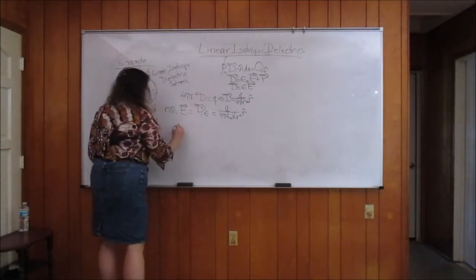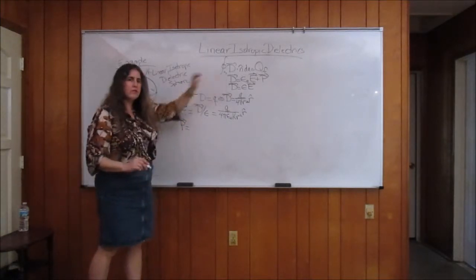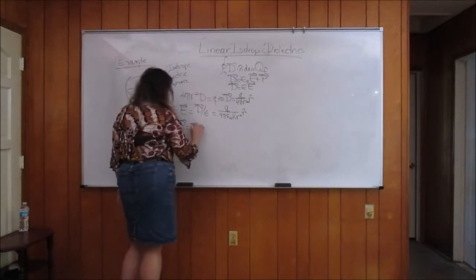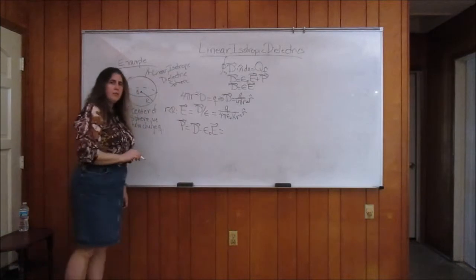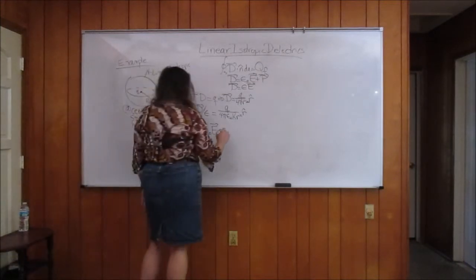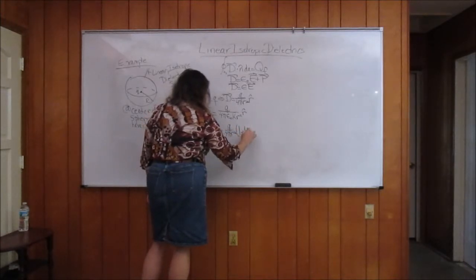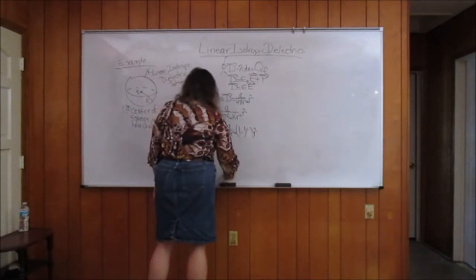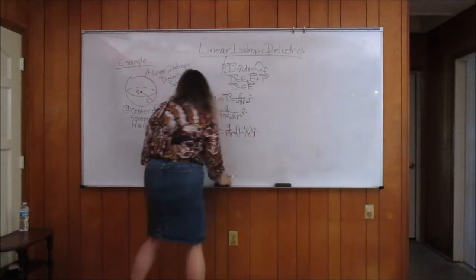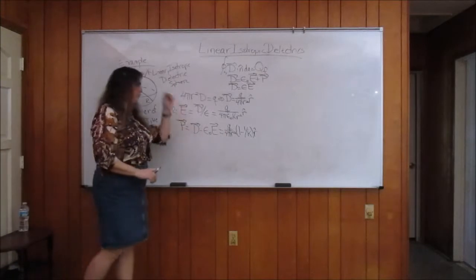So let's look at the polarization. Polarization I can just figure out using this expression here: P is equal to D minus epsilon naught times E. Again, in the radial direction.